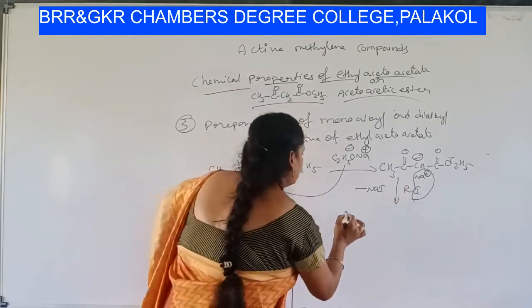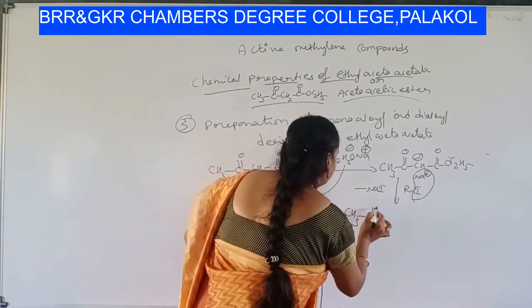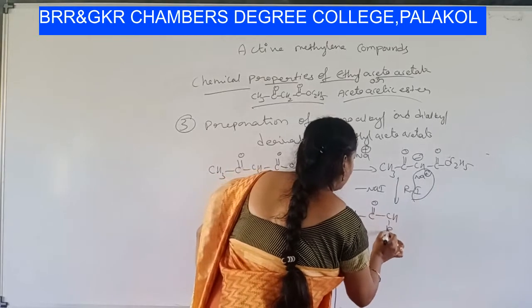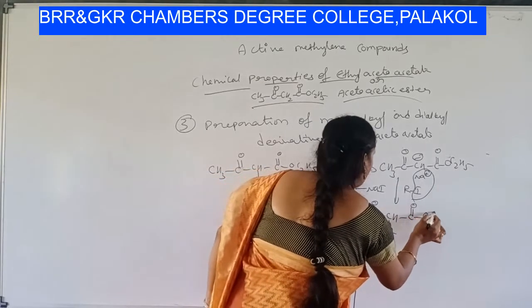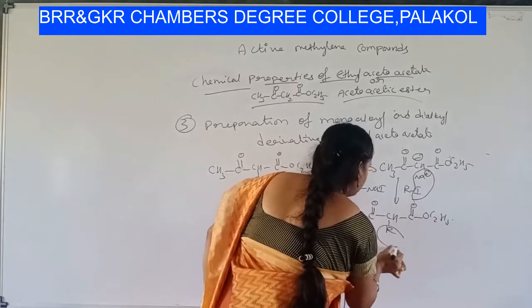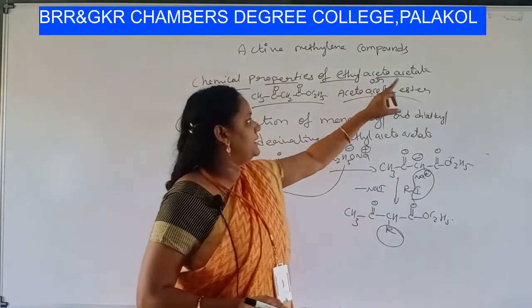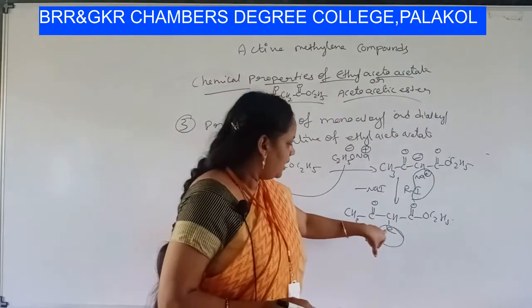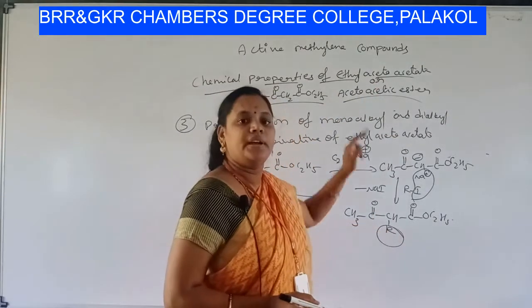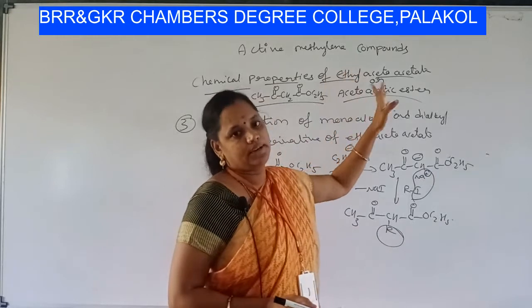So you will get CH3 C double bond O CHR C double bond O OC2H5. This is the monoalkyl derivative of ethyl acetoacetate.